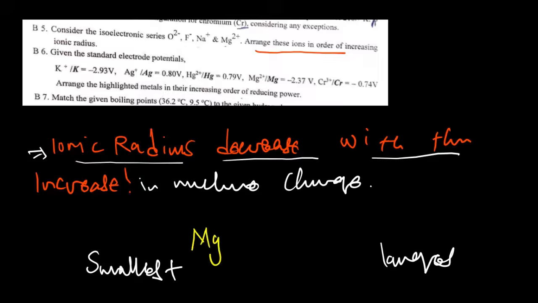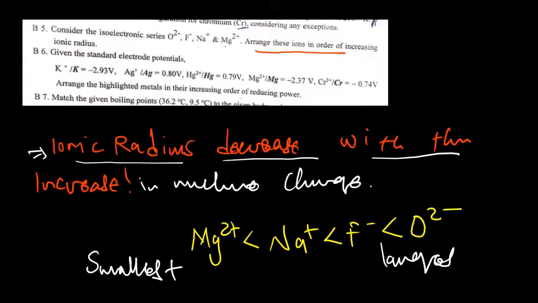Then we're going to say this is less than the next one, the one with the positive 1, and then the F minus, and then the largest will be the oxygen with the 2 minus. So you can see that the smallest is the one with the biggest positive charge, and the largest is the one with the biggest negative charge. So we have arranged them in increasing order like that.